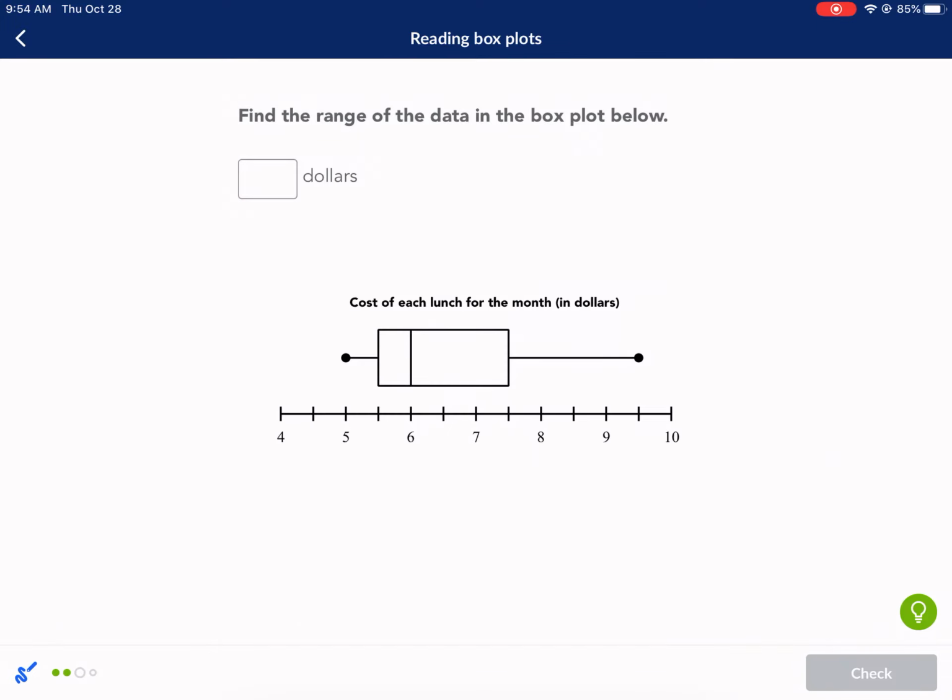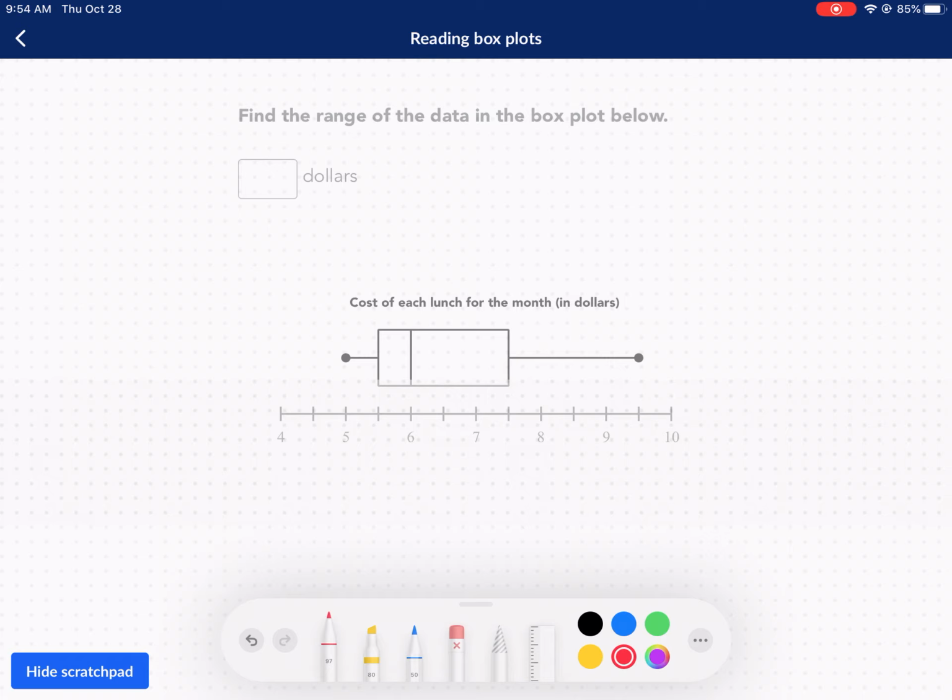Next question. Find the range of the data in the box plot below. I already talked about the range a little bit, but I didn't say it explicitly. Here's our max, our furthest right, and here's our min. The range is how far the data goes, how many different values it encompasses. The range is max minus min.